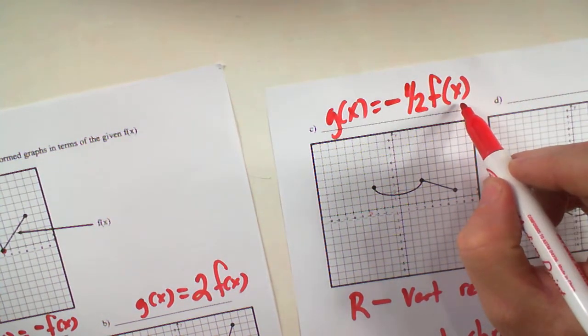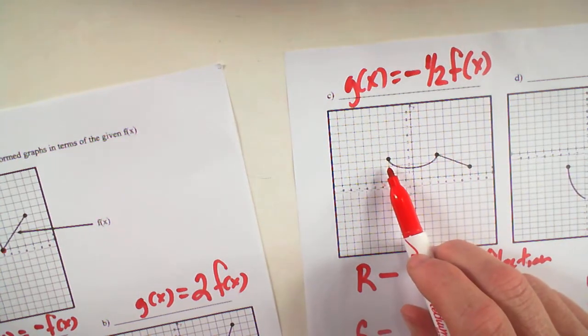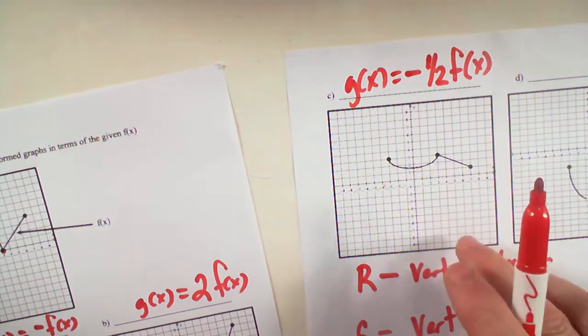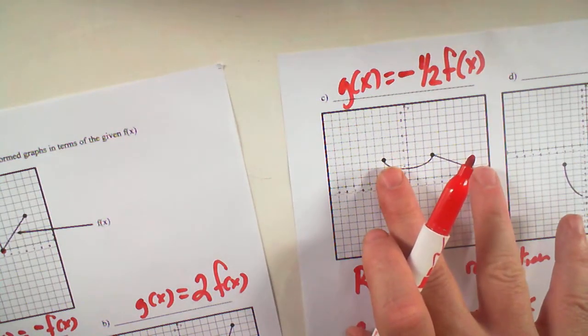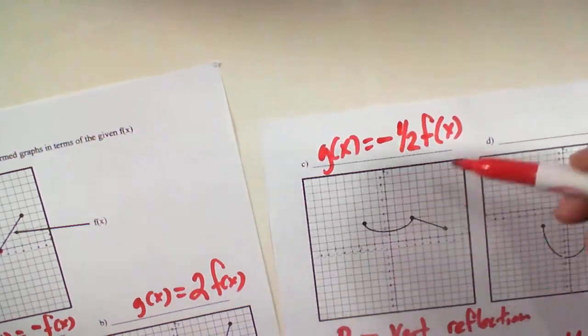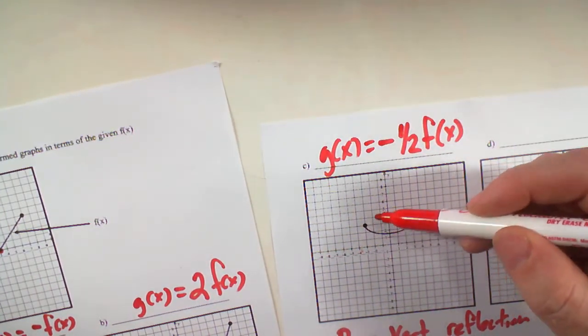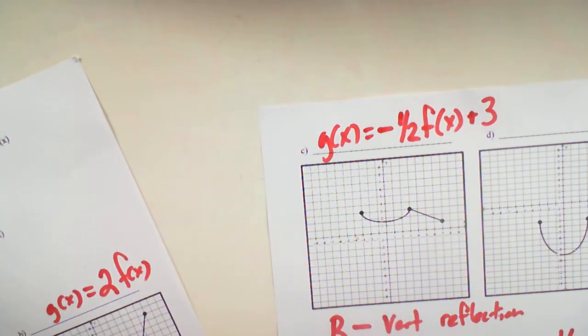Did not do anything to that inside x because horizontally we're still going from the same smallest value to largest value. So there's absolutely no shift left or right. And the spread is still the same. But then we have also moved up 3, so we're going to add 3 onto the end of that.